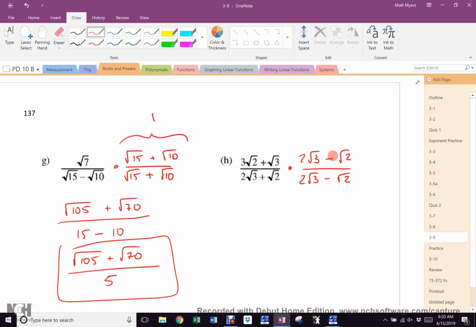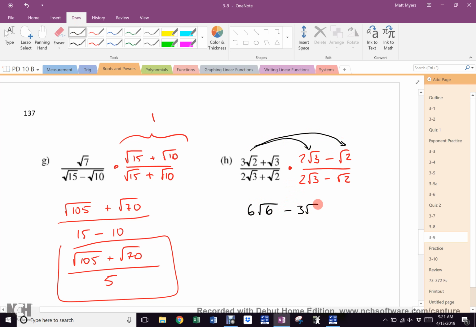Now, is this any harder? No, it's just 2 more multiplications, right? It's just FOIL with radicals. Go slow. What is that one? 6 root 6. Okay. What is that one?